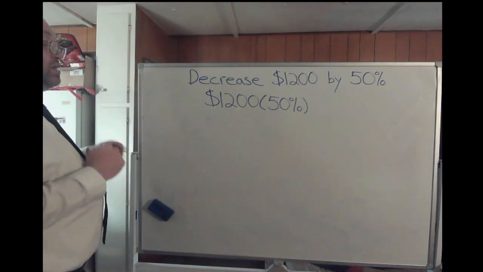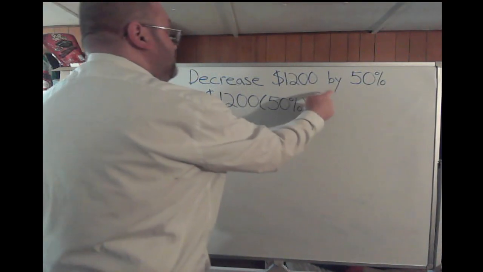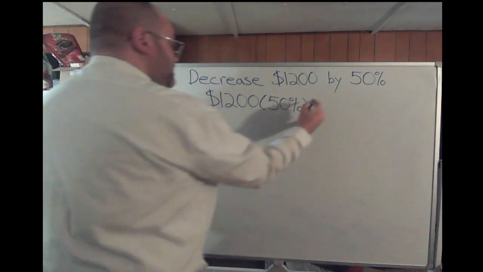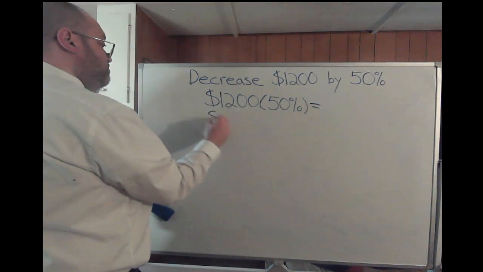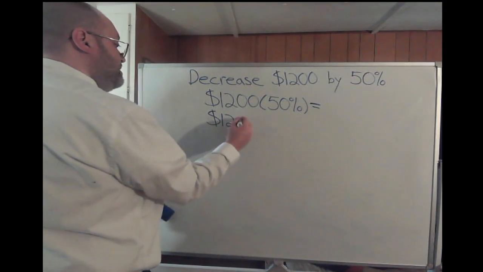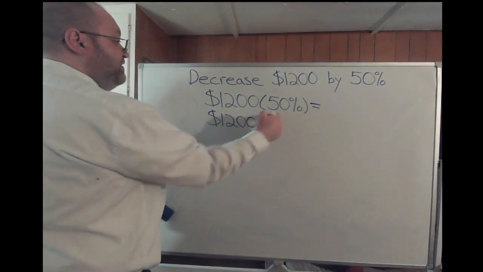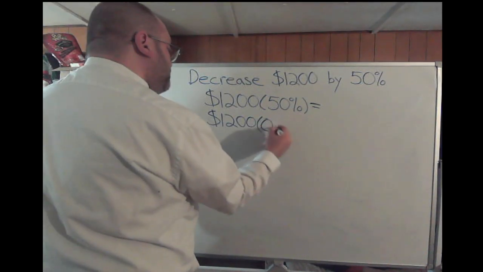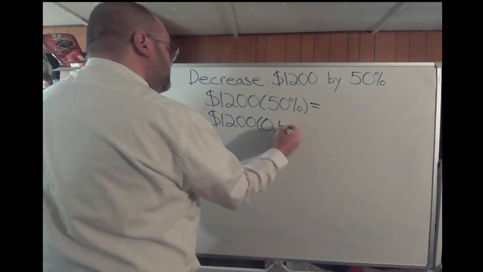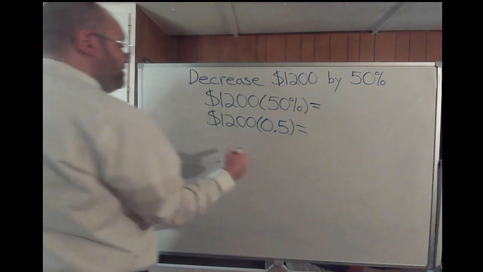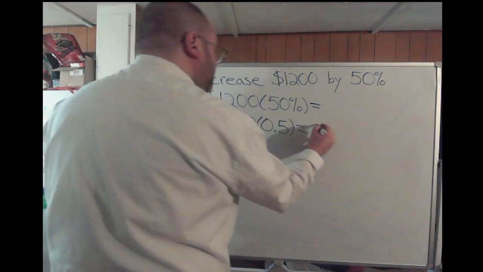We want to decrease this by 50% of 1,200, which is 1,200 times 0.5 as a decimal. I can tell you half of 1,200 is $600.